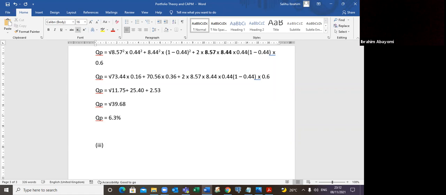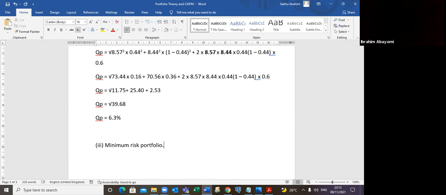So I want to construct a minimum risk portfolio. A minimum risk portfolio simply means: what should be the weight of A and what should be the weight of B that will make my portfolio have the minimum possible risk.